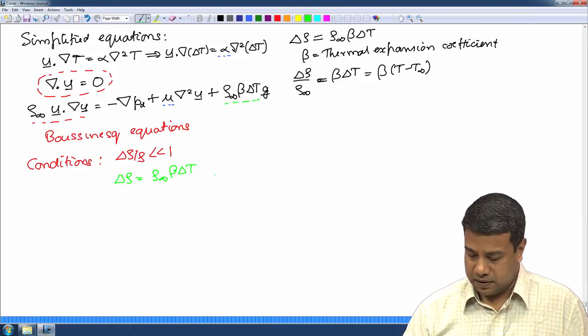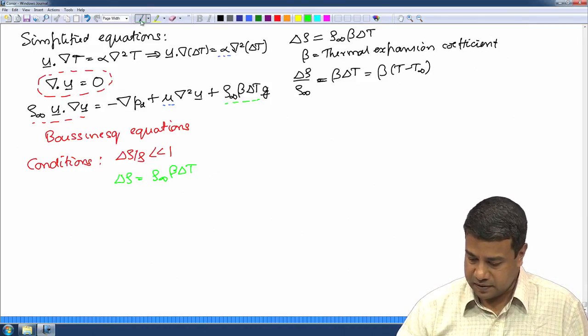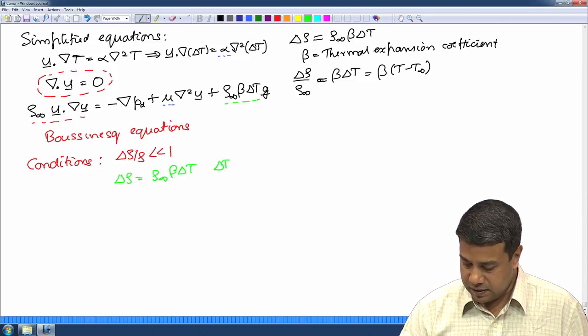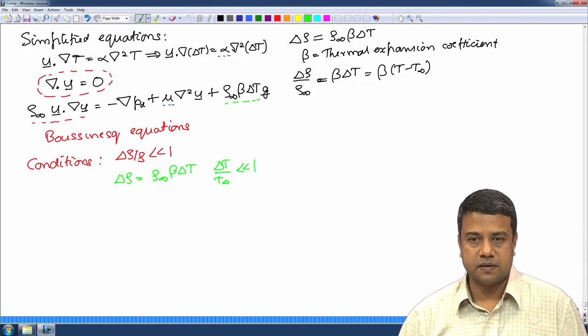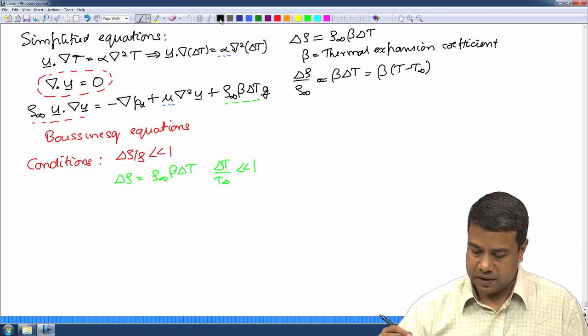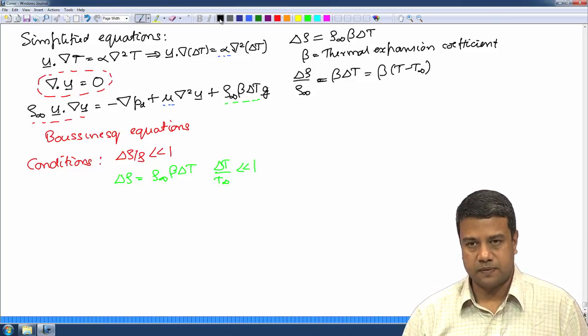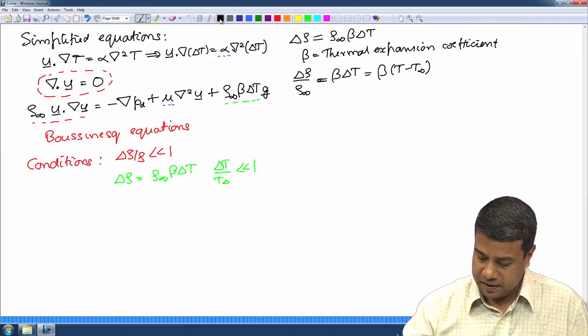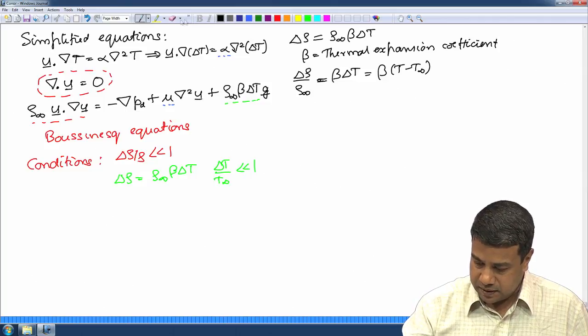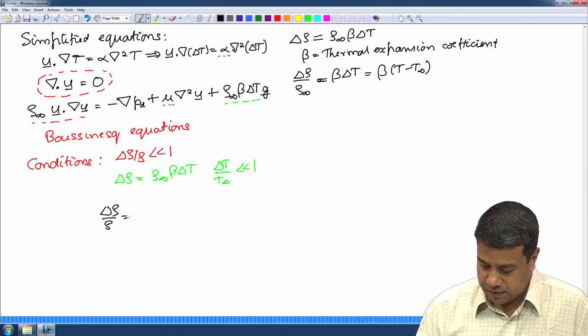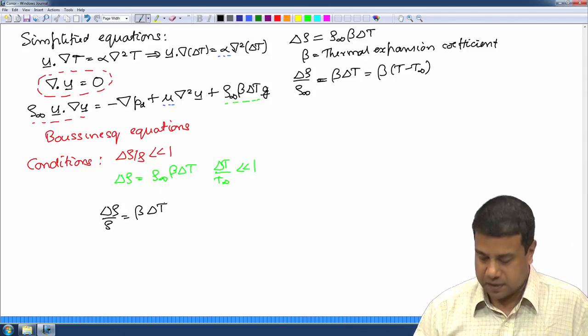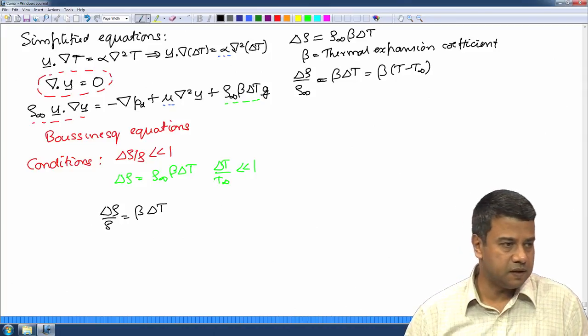This linear variation is of course valid so long as delta T by T infinity is much less than 1, where T infinity has to be the absolute temperature, so that the temperature variation on an absolute scale is small. What about delta rho by rho? We know that delta rho by rho is equal to beta delta T. So, beta should have dimensions of inverse of temperature.